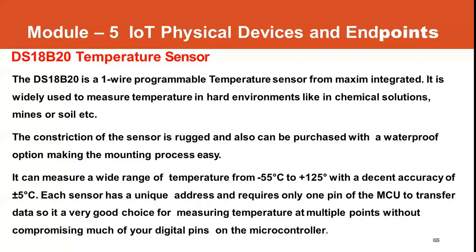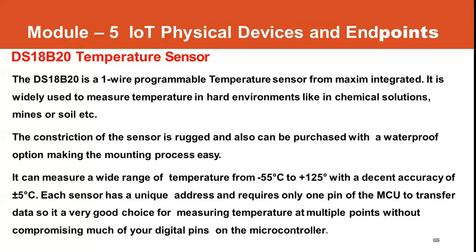So if you look at the working of this temperature sensor, it can measure any temperature between minus 55 degrees centigrade to plus 125 degrees, with a decent accuracy of plus or minus 5 degrees. So that is the error rate.